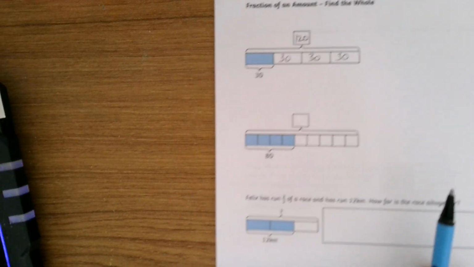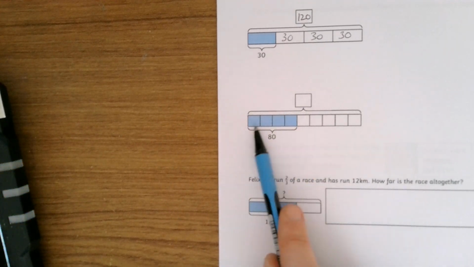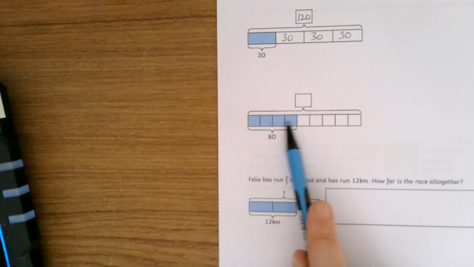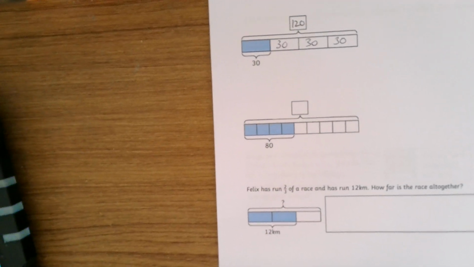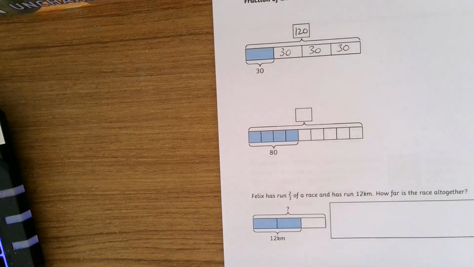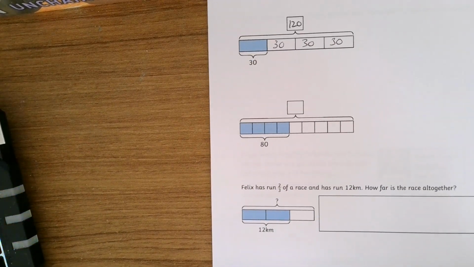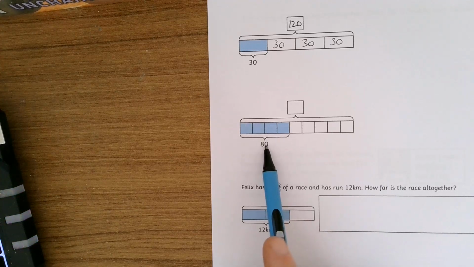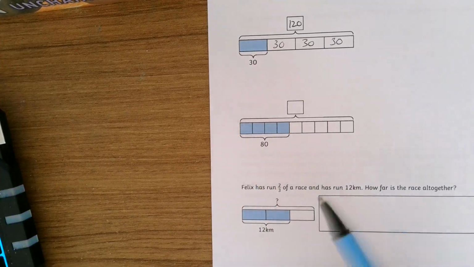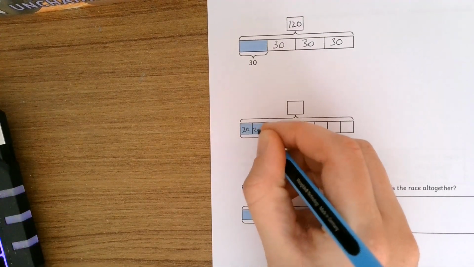With this question, this time around we've got 9 boxes, but we know something slightly different. I've got 4 boxes that have 80 shared between them. So each one must be the same.